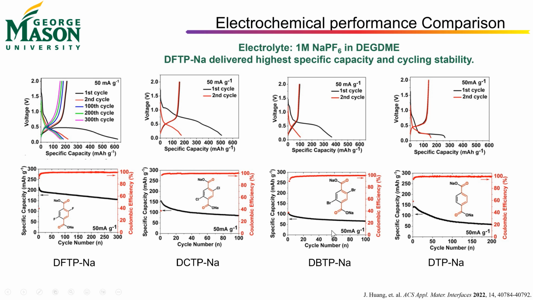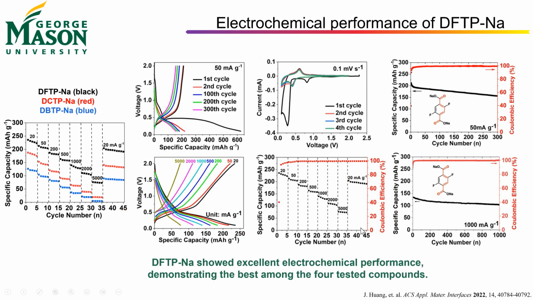So then we did some electrochemical tests of all of the four compounds to compare them. The electrolyte we use is 1 mole sodium hexafluorophosphate in DGDME. From the charge-discharge and the cycle life curves, we can obviously find that DFTP sodium has the best electrochemical performance.